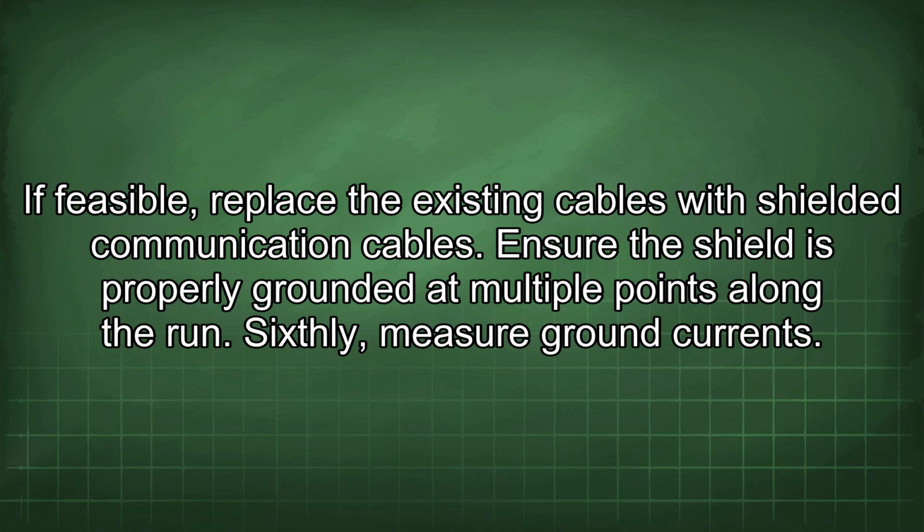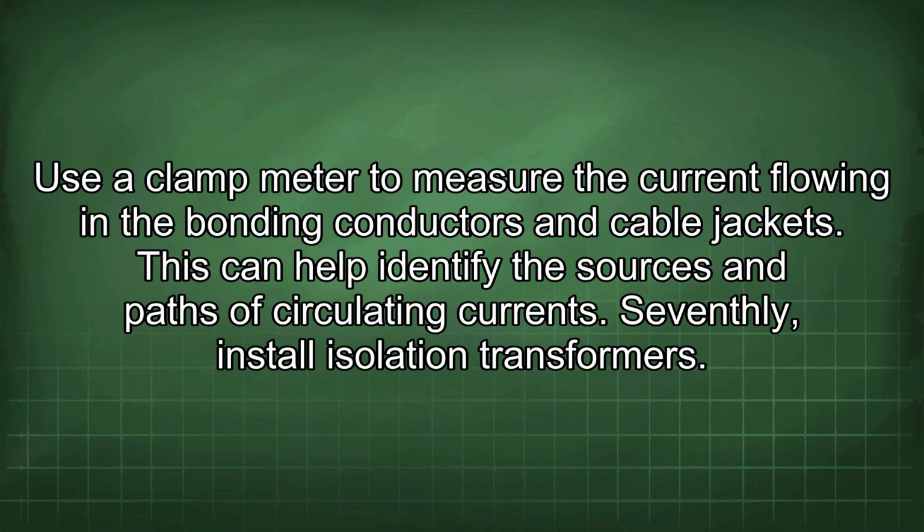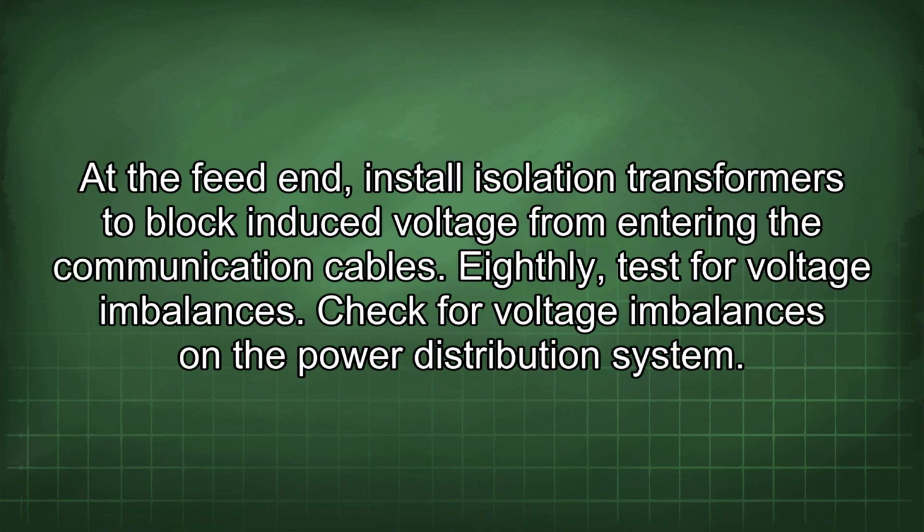Sixthly, measure ground currents. Use a clamp meter to measure the current flowing in the bonding conductors and cable jackets. This can help identify the sources and paths of circulating currents. Seventhly, install isolation transformers. At the feed end, install isolation transformers to block induced voltage from entering the communication cables.